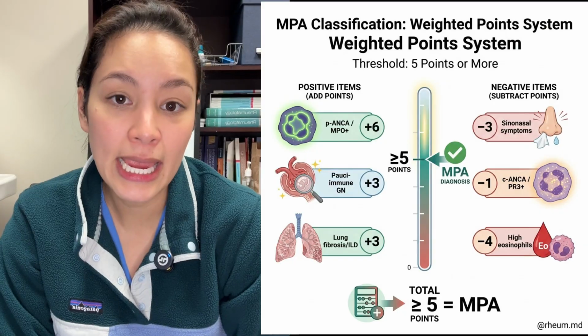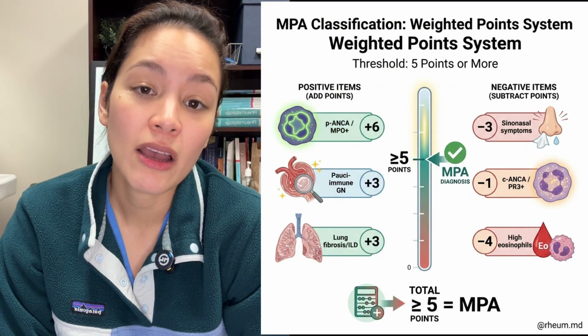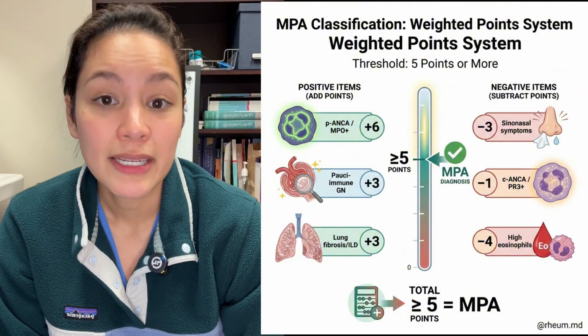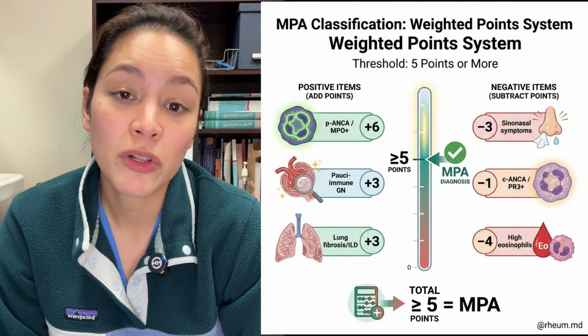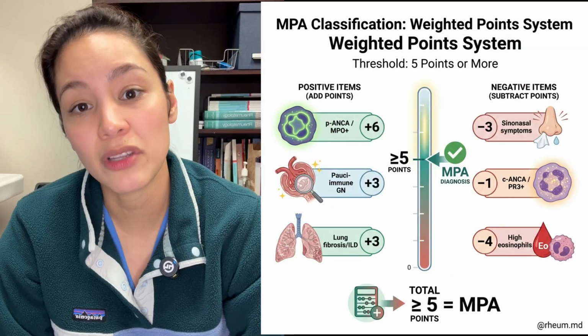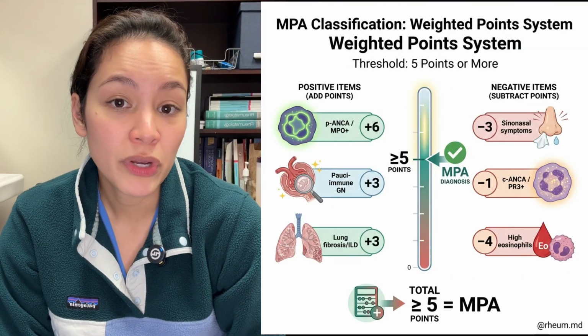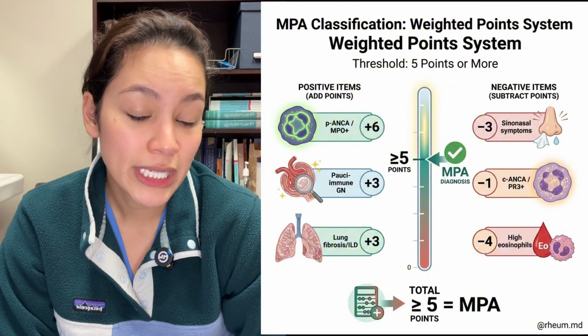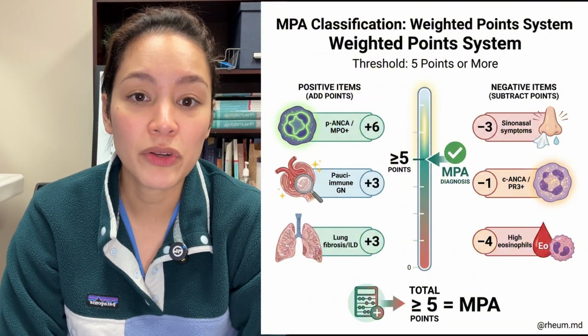For MPA, a positive p-ANCA or MPO is the single highest weighted item. You get additional points for pauci-immune glomerulonephritis and for lung fibrosis or interstitial lung disease. You subtract points for a positive c-ANCA, PR3, or significantly elevated eosinophil count. Notice the elegant design here.